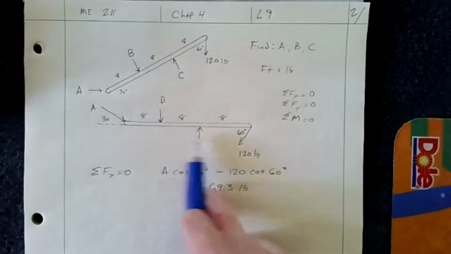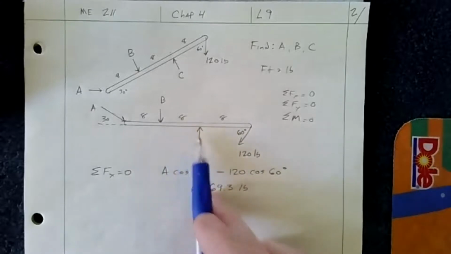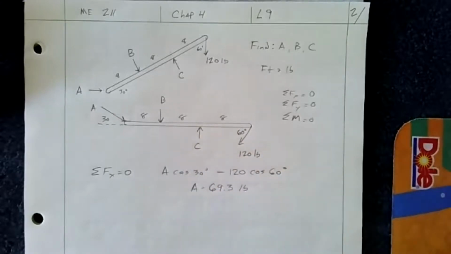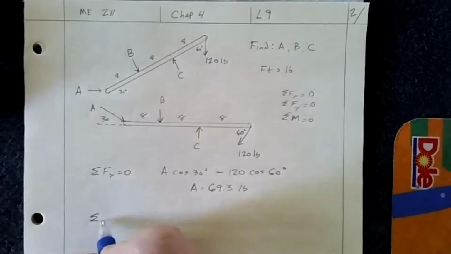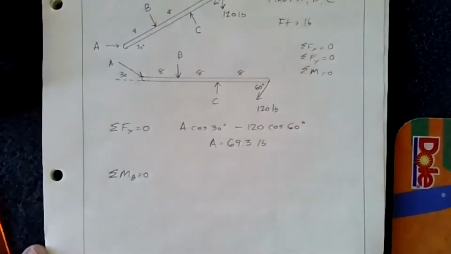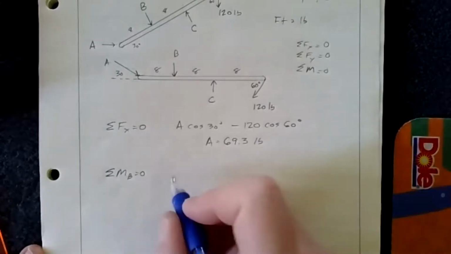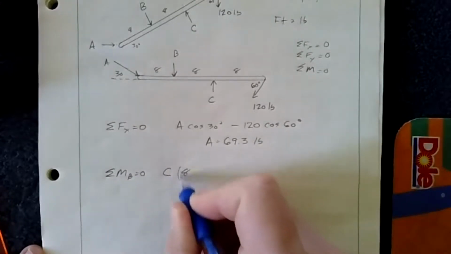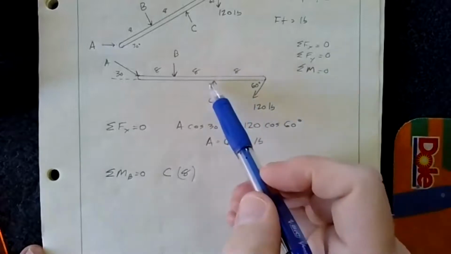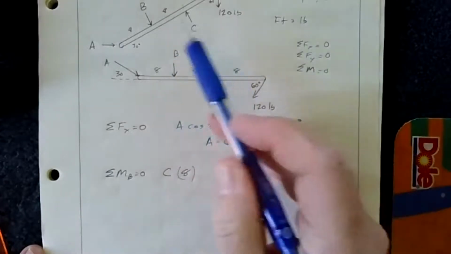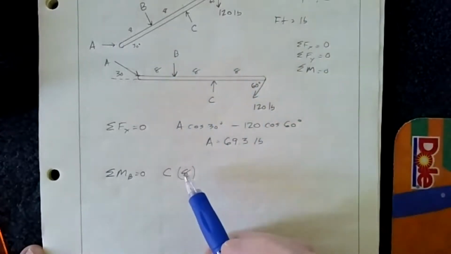So you could pick C or B, whichever tickles your fancy, but I'm going to choose B. So sum the moments about B to 0. And so in that case, it's going to be C times 8. Now because it's about B, that's going to be a counterclockwise moment, so that's why it's positive.